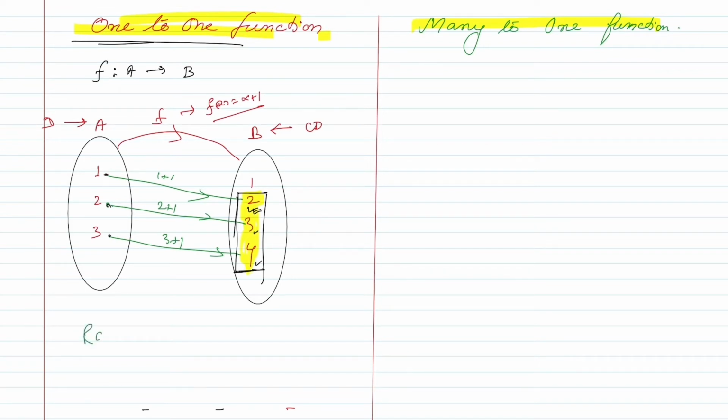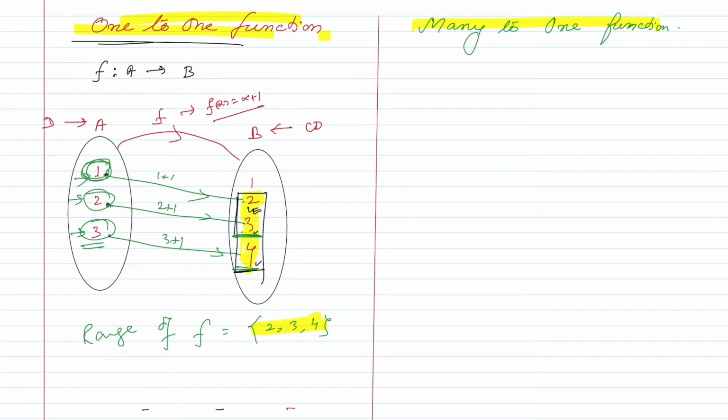Range of f is equal to the set containing 2, 3 and 4. Now you see, each element in the range has only one pre-image in the domain. 2 has one pre-image, that is 1. 3 has only one pre-image, that is 2, and 4 has only one pre-image, that is 3.